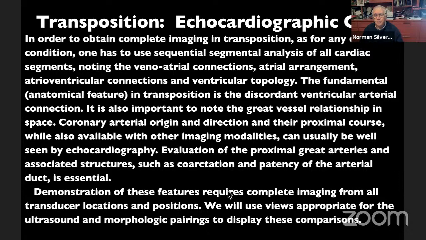It is also important to note the great vessel relationship in space, the coronary arterial origin and direction, and their proximal course, which, while also available with other imaging modalities, can usually be well seen by echocardiography. An evaluation of the proximal great arteries and associated structures, such as coarctation and patency of the arterial duct, is essential.